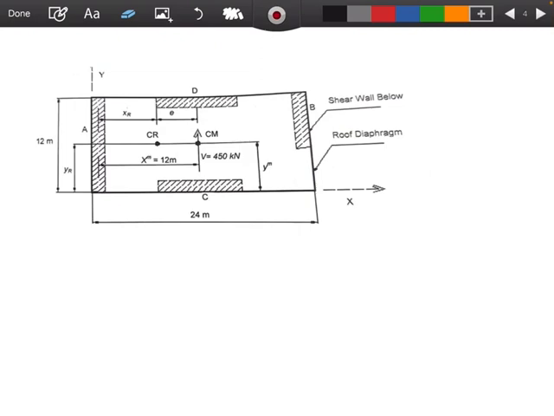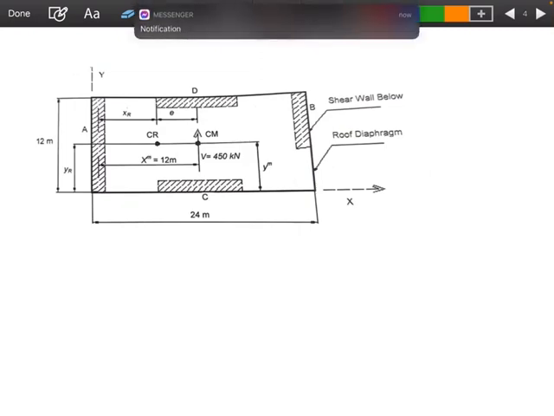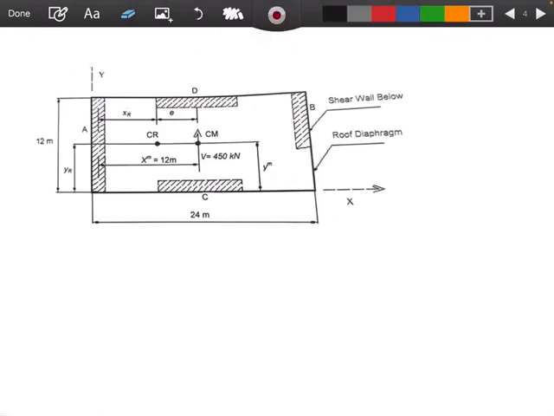The total shear on walls A and B can be found by the addition of the direct and torsional load cases. Meaning, the V applied at the CM, we will move to the center of rigidity but with a counterclockwise torsion.